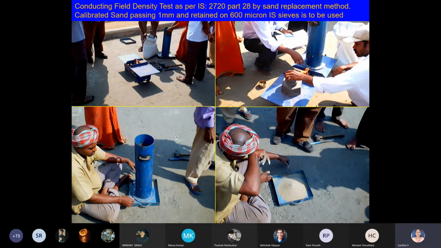If you have a static roller, you can compact only a lesser thickness compared to a vibratory roller. With a vibratory roller, you can compact more thickness. The thickness with which you can compact is called the lift thickness. It depends on the type of equipment, which again depends on the type of soil you have.